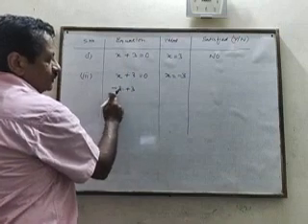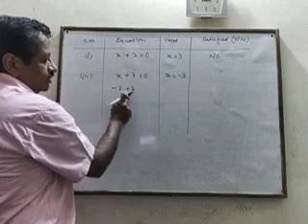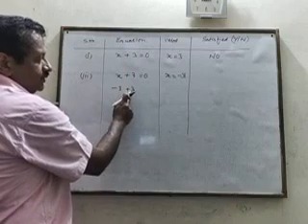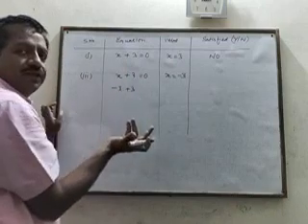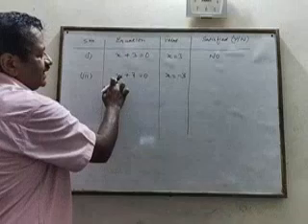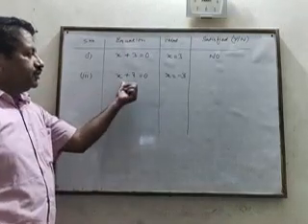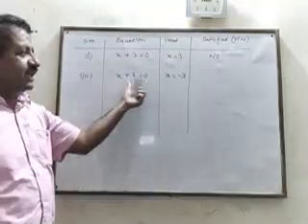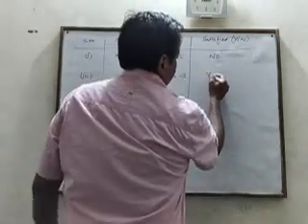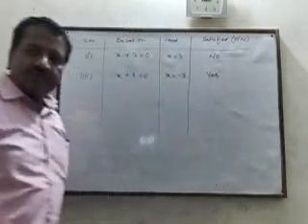Minus 3 plus 3, they will not be added. Opposite signs are there, they will be subtracted. So after subtraction, what will be there? 0. So minus 3 plus 3 is equal to 0. Left hand side becomes equal to right hand side. So we will say that the equation is satisfied.